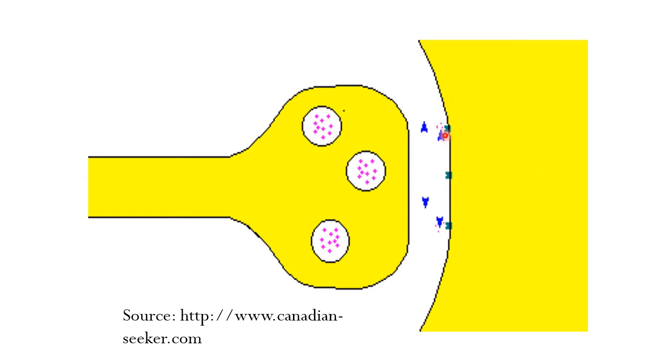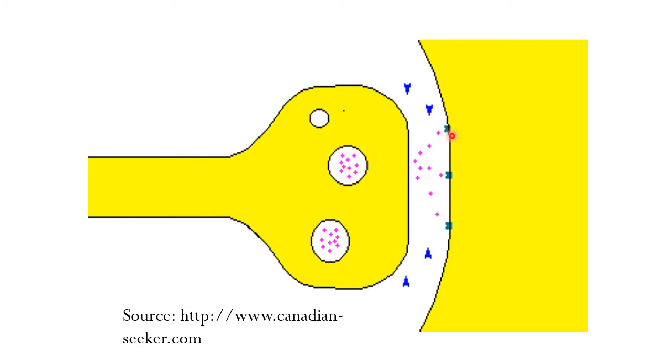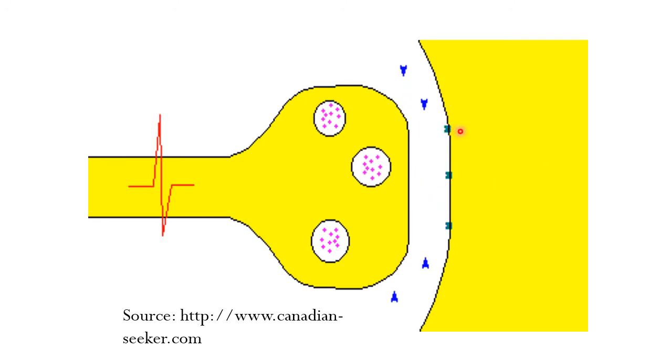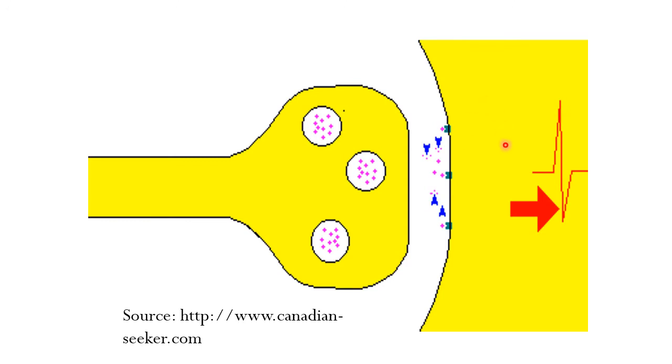The receptor, the ligand-gated sodium ion channel, will open, causing the sodium ions to diffuse into the postsynaptic membrane, causing depolarization, causing action potential to happen in the postsynaptic membrane.